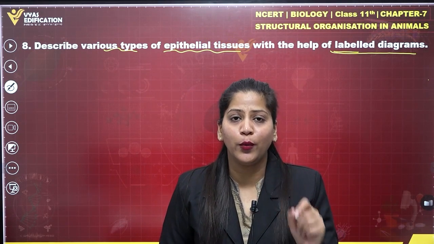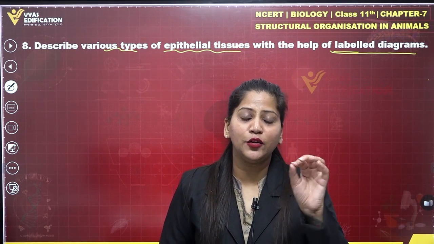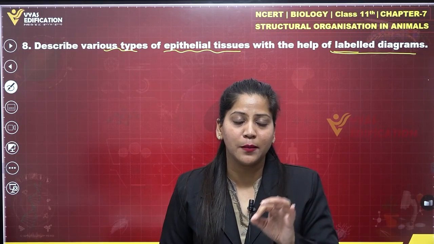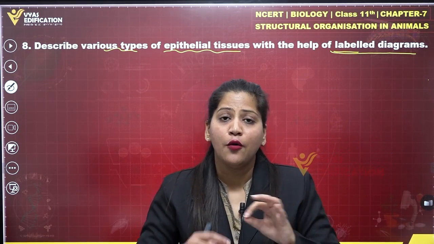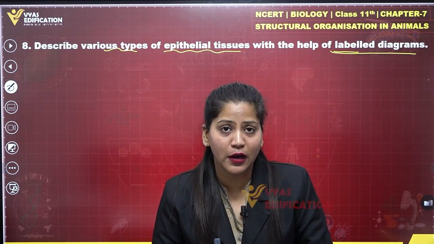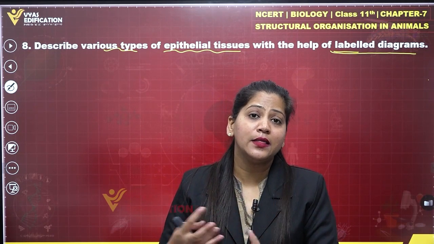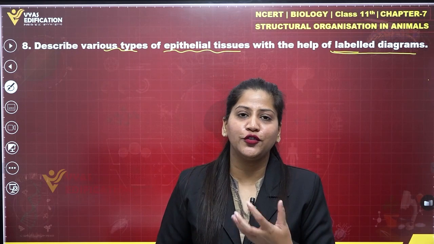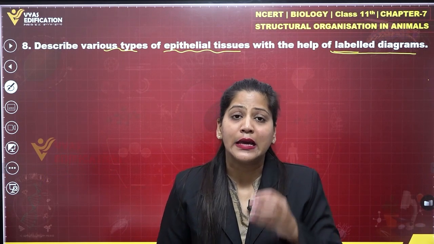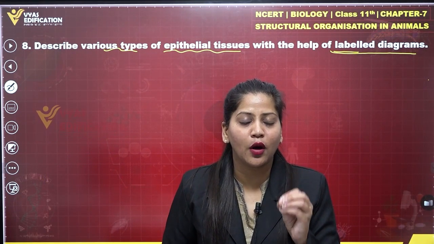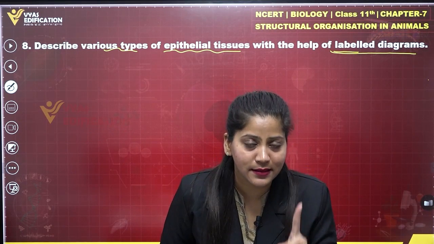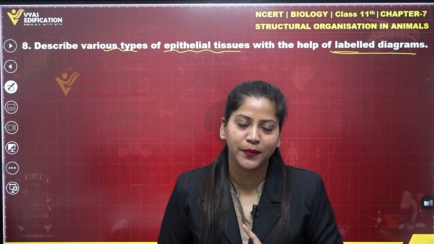You will find simple cuboidal epithelial tissue wherever the function of secretion and absorption takes place, like in the proximal convoluted tubule of the nephron, right.